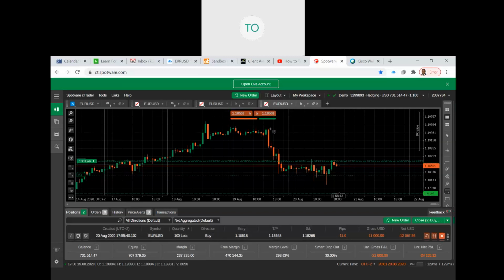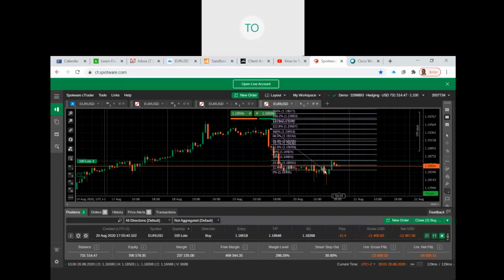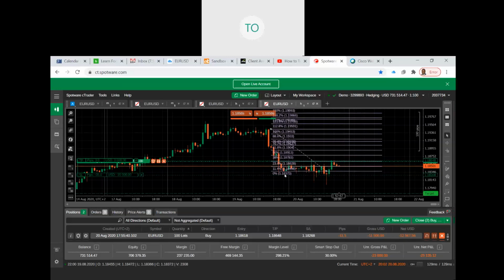So I come here, I place this here, and then I expand it to the last low, which is there. Remember, it's the last high body to the last low body.